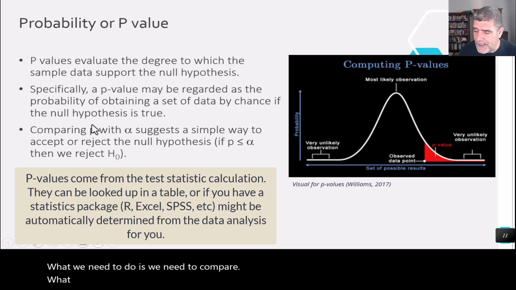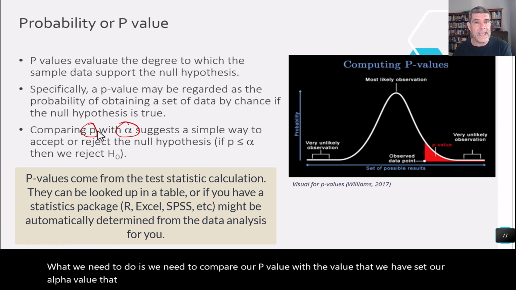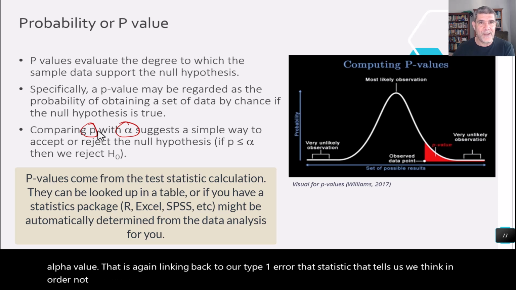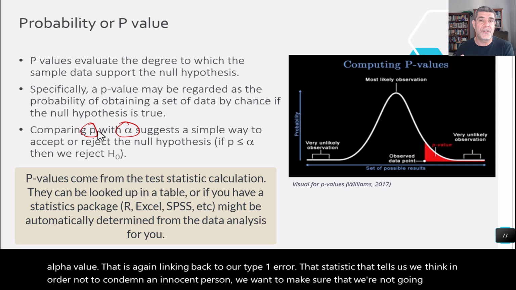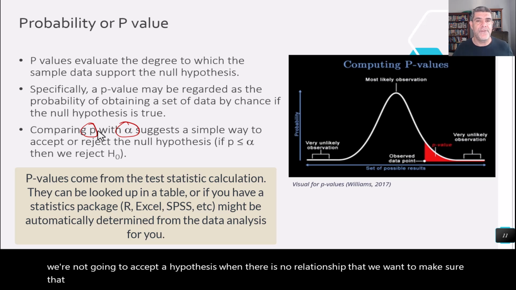What we need to do is compare our p-value with the value that we have set, our alpha value. That is, again, linking back to our type 1 error. In order not to condemn an innocent person, we want to make sure that we're not going to reject a hypothesis when there is no relationship, so we want to make sure that we've set that value fairly low.